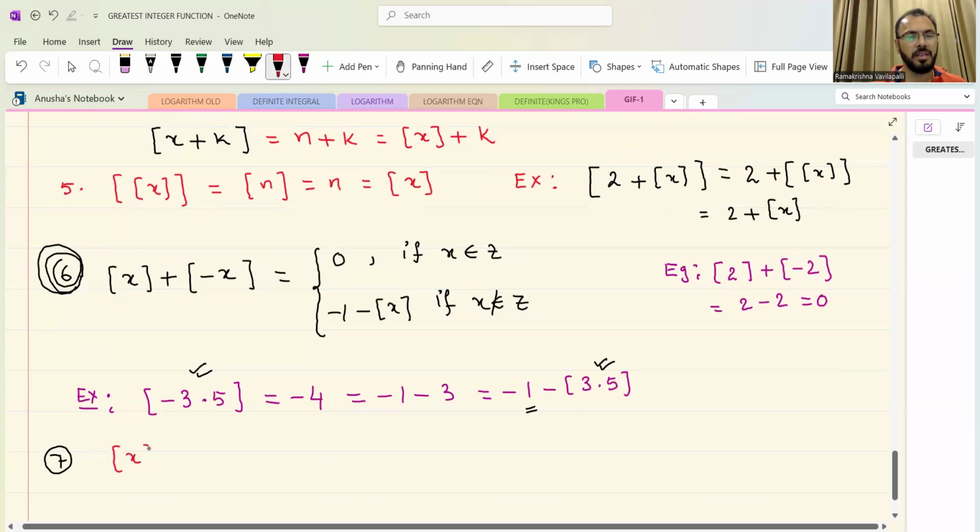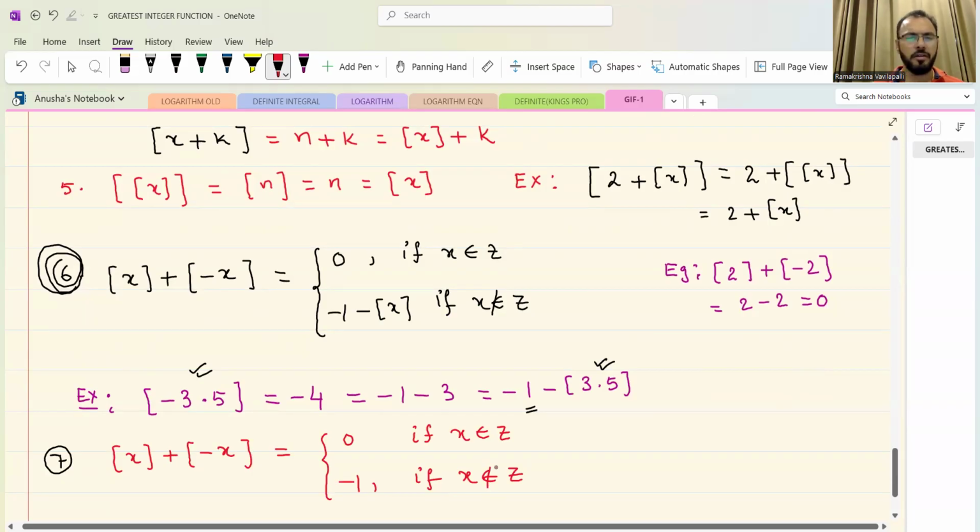Integral part of x plus integral part of minus x is equal to 0 if x is an integer. Obvious, if x is an integer, then its sum is 0, and its sum is minus 1 if x is not an integer.